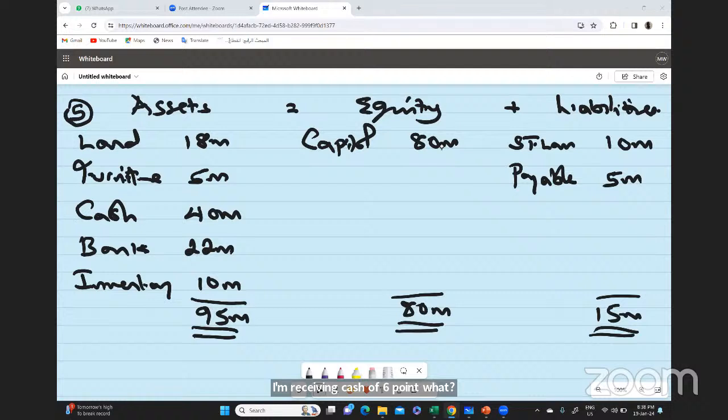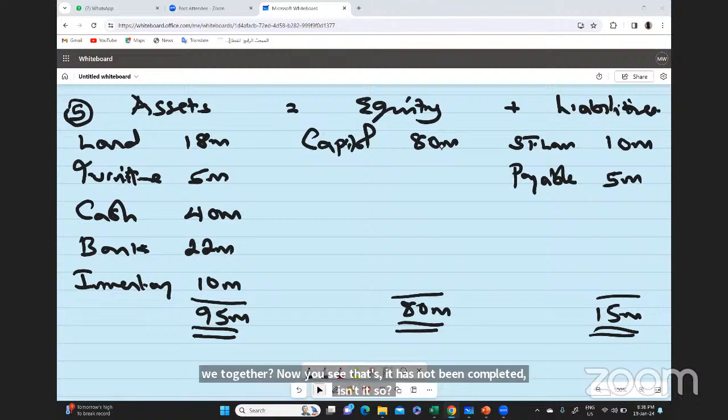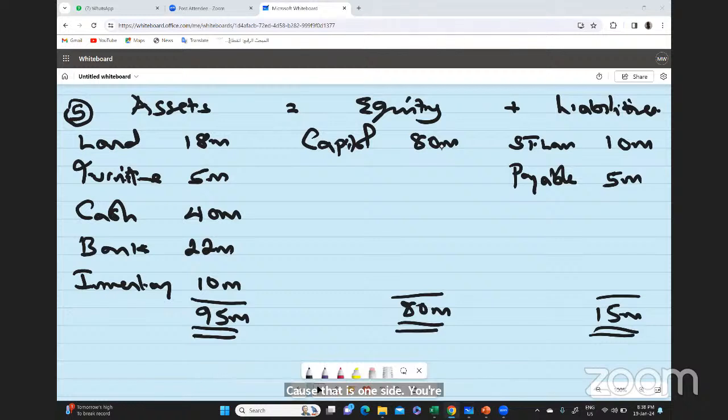Isn't it so? And then my inventory is going to reduce by 5. Now you see that the duality has not been completed, isn't it so? Because that is one side. You're increasing cash by 6.5, you are reducing inventory by 5.